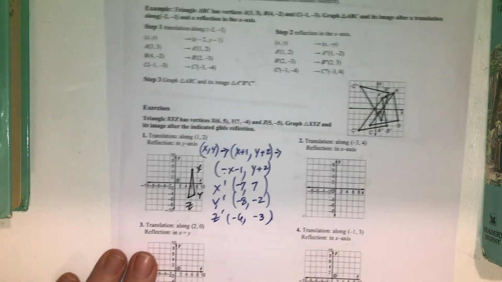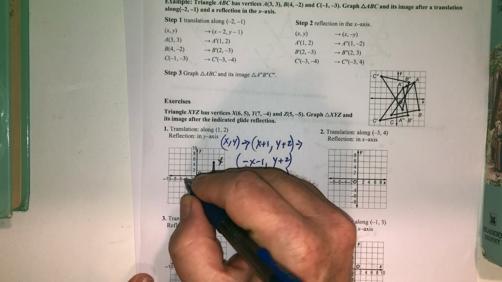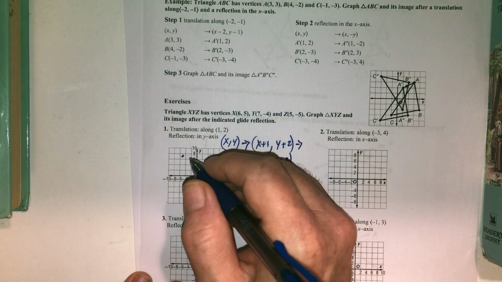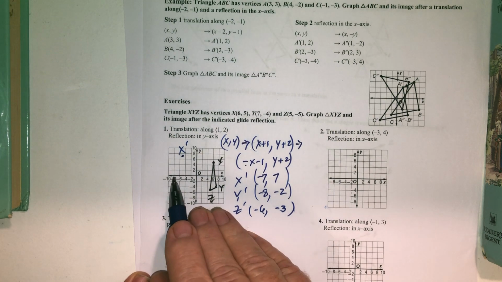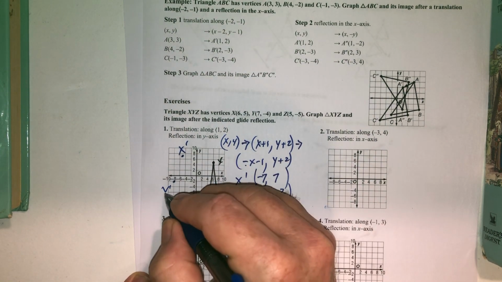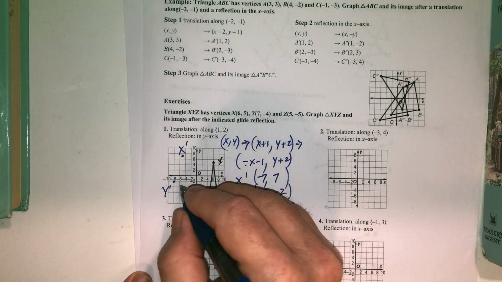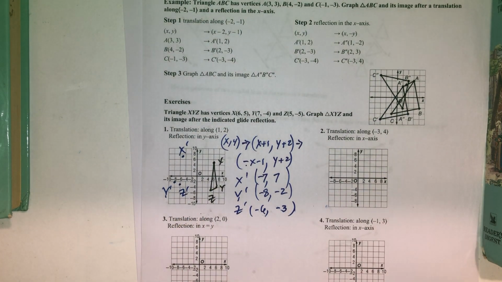And now we're going to plot those points on the grid. (-7, 7) would be approximately right there for X prime. (-8, -2) would be the coordinates for Y prime, and (-6, -3) would be the coordinates for Z prime.